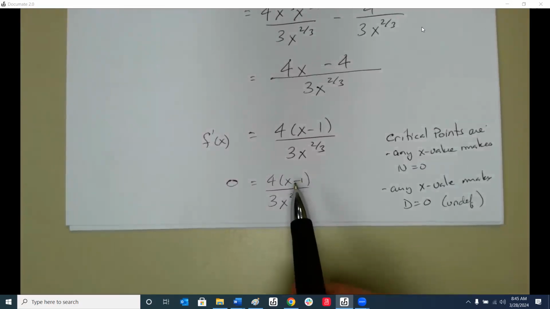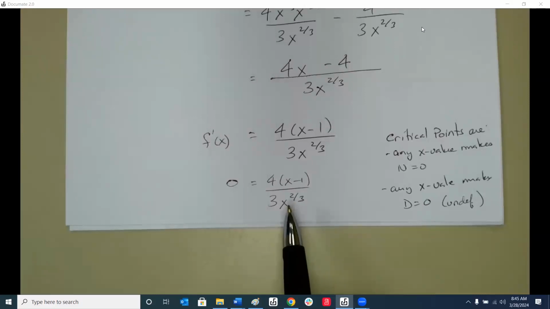We're looking to see where the slope is 0, right? That's an important point. That's where the top equals 0. But any x we can't use is also an important point, because that defines our intervals of x's we can use.